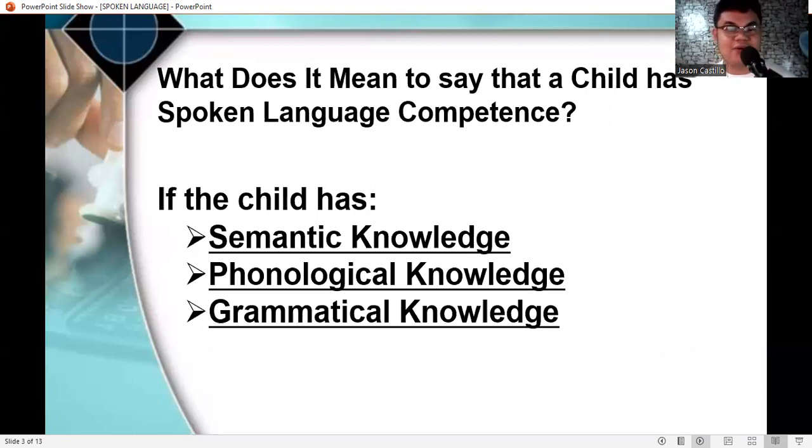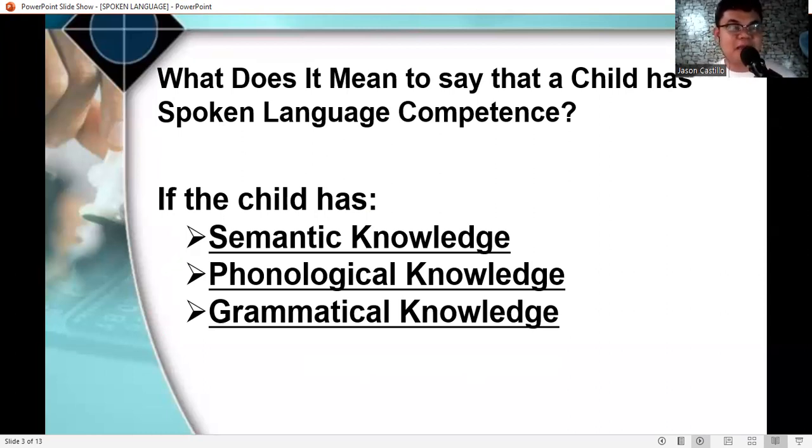And the third one, of course, is grammatical knowledge. So the child knows how to put the right endings on these words and arranges them into proper sequences. So if the child possesses these three, the common knowledge is the child has a spoken language competence.